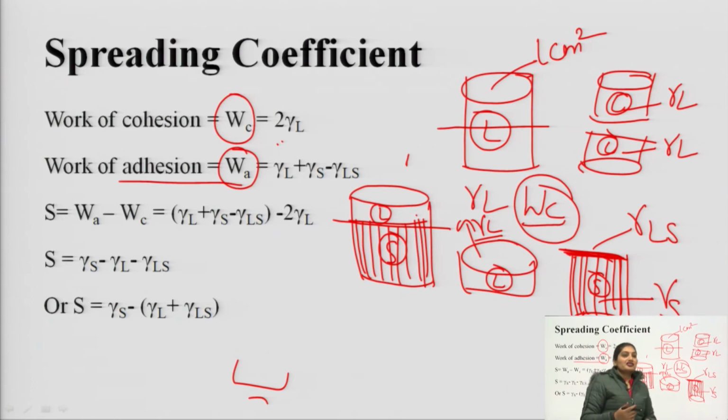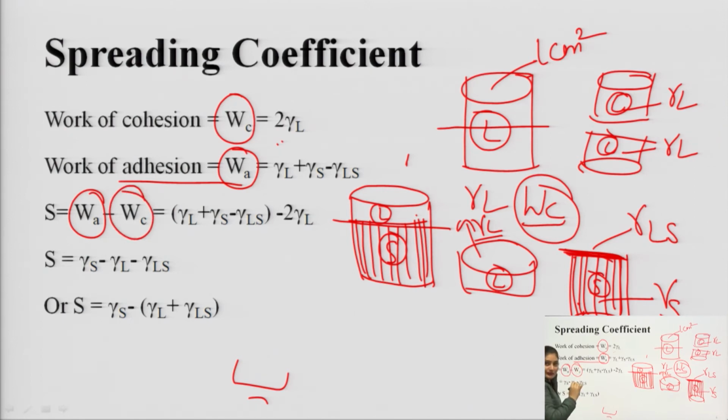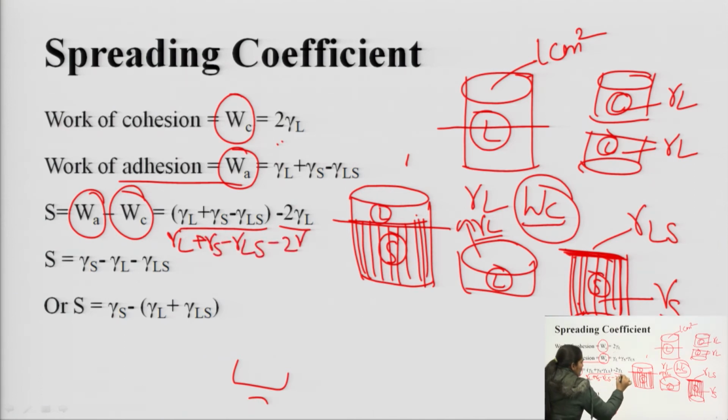So, spreading coefficient is gamma L plus gamma S minus gamma LS, which is the work of adhesion, minus the work of cohesion, which is 2 gamma L. So, gamma L plus gamma S minus gamma LS minus 2 gamma L gives gamma S minus gamma L minus gamma LS.